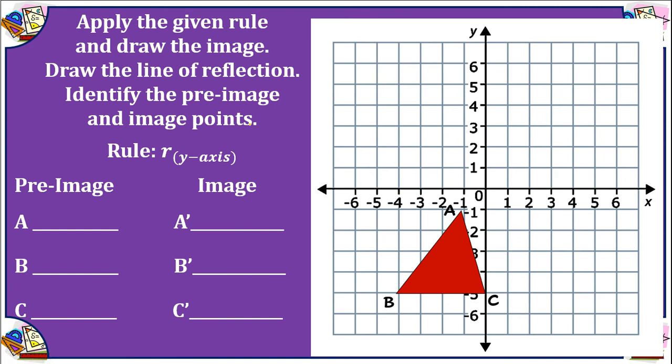Okay, let's take a look at this one because we have one of the vertices on the axis of the line of reflection. So here we have our line of reflection, the y-axis. A is negative 1, negative 1.